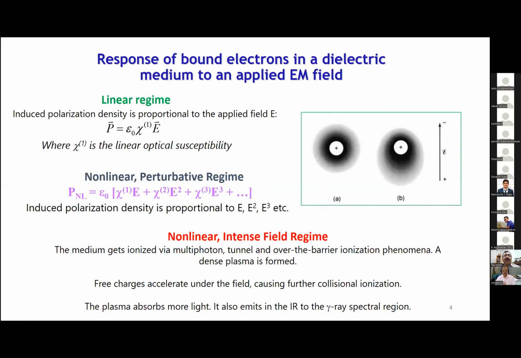And let's see what's the response of the electrons in a dielectric medium to an applied electromagnetic field. So we can think of two or three different regimes here. In the linear regime, the induced polarization density is proportional to the applied electric field E. So we write the constitutive relation P = ε0 χ1 E, where χ1 is the linear optical susceptibility.